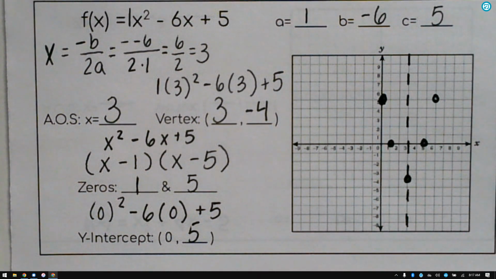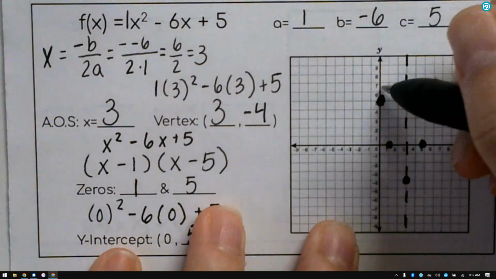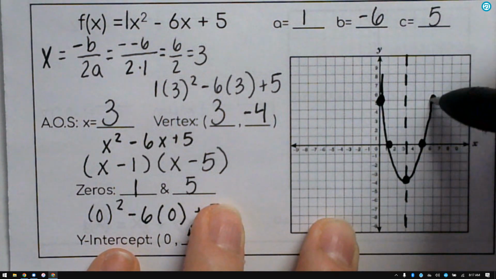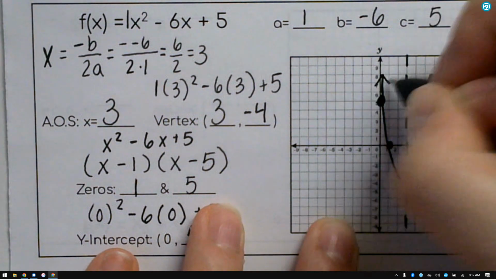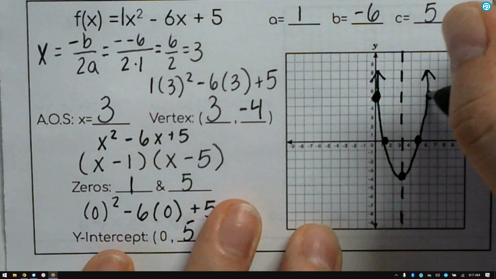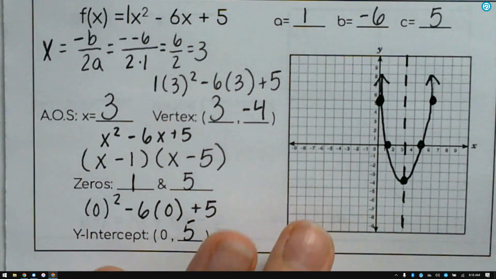Once you get all those points marked, you can then connect them into a U shape, not a V shape. So once you get all 5 of those points, you connect it into a U shape.